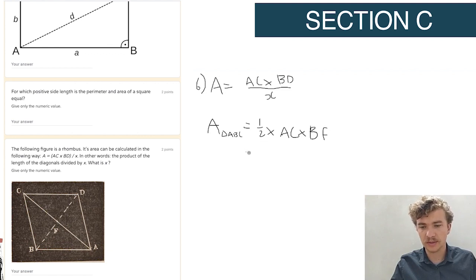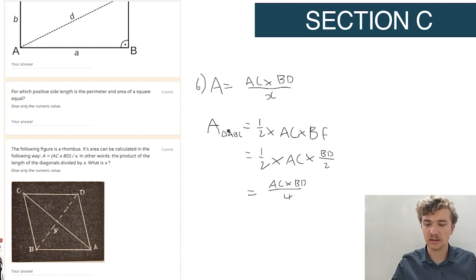Now a property of a rhombus that you should know is that the diagonals bisect one another. Therefore, BF is half of BD. So we have half times AC times BF, which is half of BD. And if we simplify this, we get AC times BD over 4. That's the area of triangle ABC.